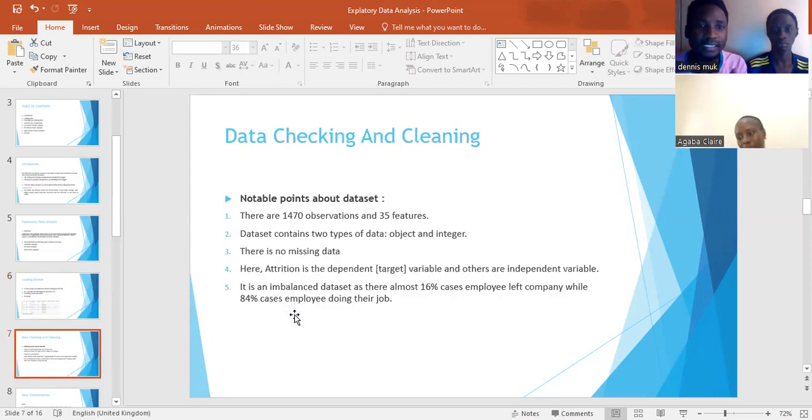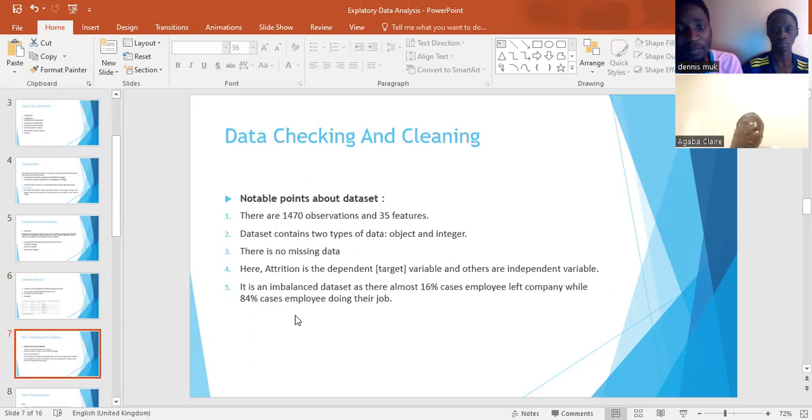So, checking and cleaning. It's notable in our points about the data set that there are 1,470 observations and features. The data set contains 2 types of data, which are objects and integers. There was no missing data at all.